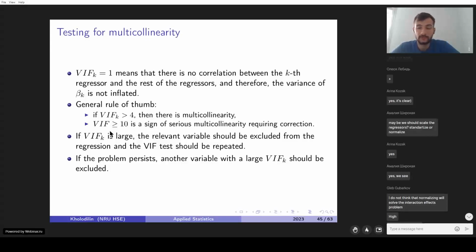If it's more than 4, you have multicollinearity, but you still can leave these regressors in your analysis, and maybe you just need to drop out some different regressors, so you have to repeat this test for every regressor, and it's going to be better. But generally what you do is run VIF for all the regressors, drop out the one with the highest value, and repeat this test again.